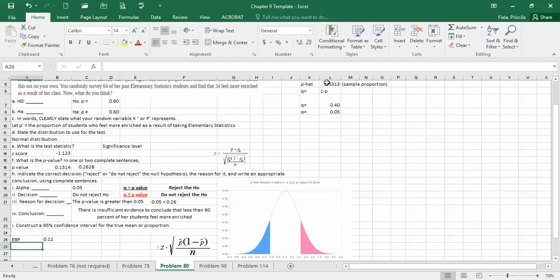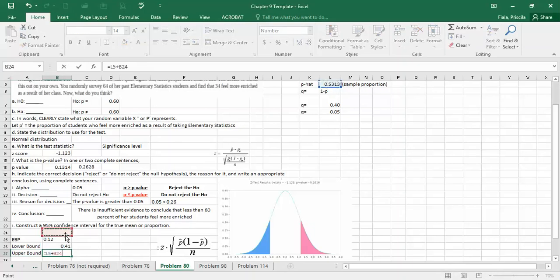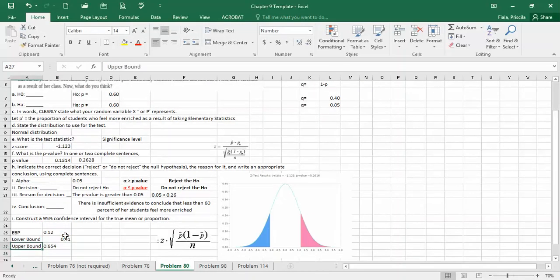For the lower bound, let me write here. For the lower bound, we're going to do this true proportion right here minus your error bound for proportion, and then for the upper bound, you're going to find your true proportion plus this value right here.